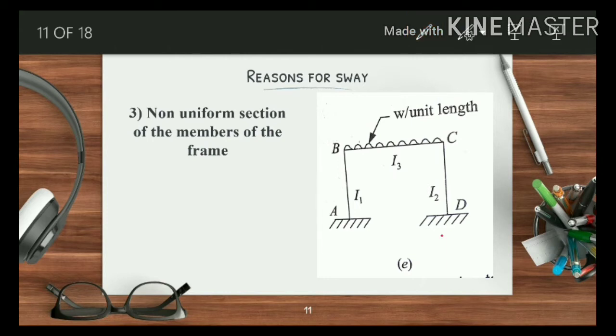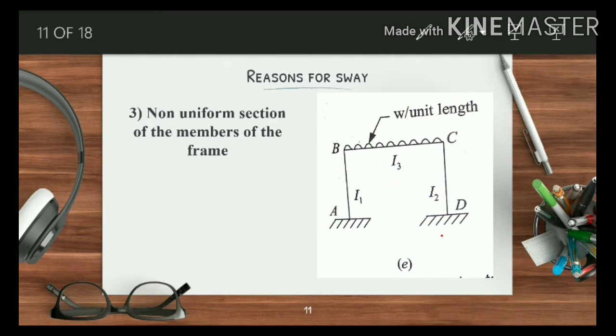If the member BC has a different moment of inertia compared to AB and CD, the beam BC does not have any sway. Only the columns AB and CD have sway. So only check the moment of inertia of AB and CD. If the moment of inertia of AB and CD is I and the moment of inertia of BC is given as I2, there is a difference in the moment of inertia of BC compared to the columns, but there will be no sway.